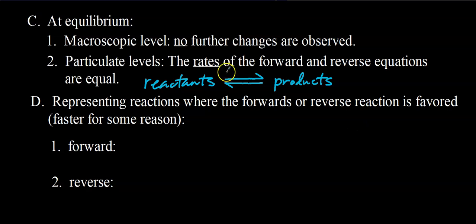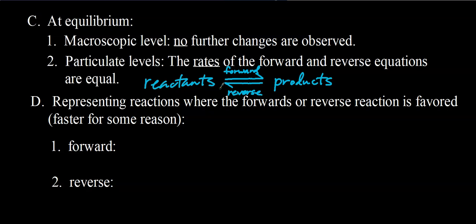As read from left to right, this is the forward reaction. And read from right to left, this is not the backwards, but rather the reverse reaction. I'm going to use the length of these arrows to represent the relative rates. Notice that the length of those two arrows are the same. That tells us that the rate of the forward and the rate of the reverse reaction are equal.